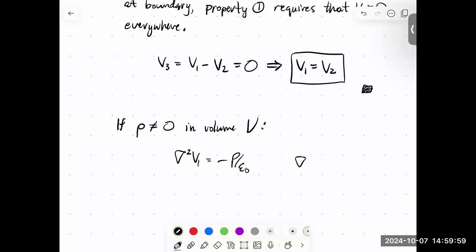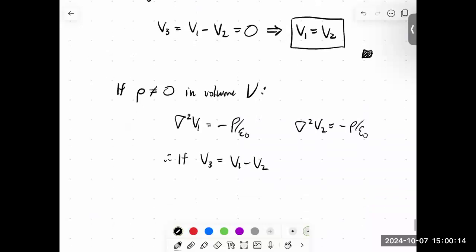And so our two assumed solutions would take on this form, and we could say, therefore, if V3 was equal to V1 minus V2, then we would say del squared V3 is going to be del squared V1 minus del squared V2.